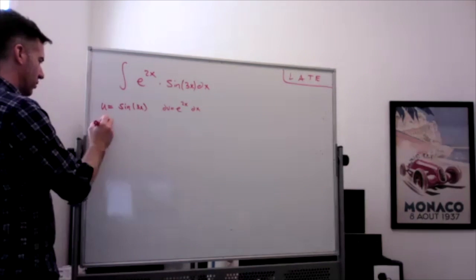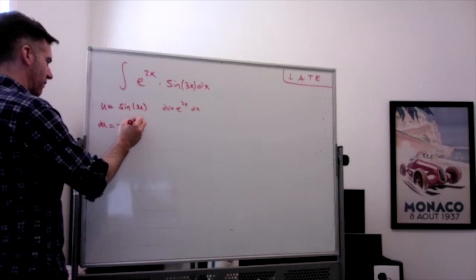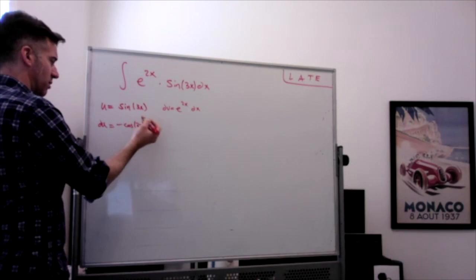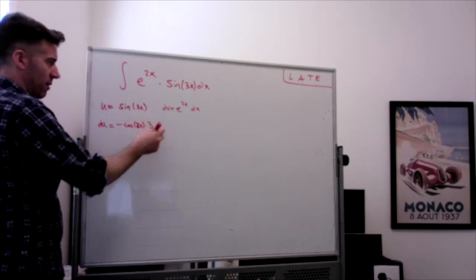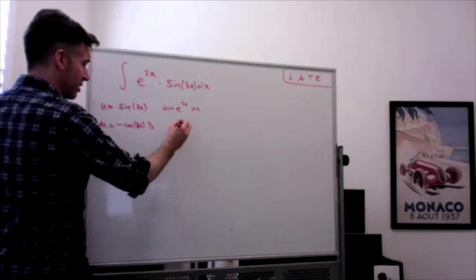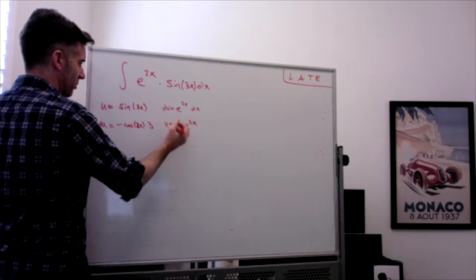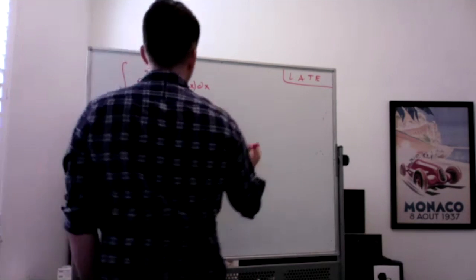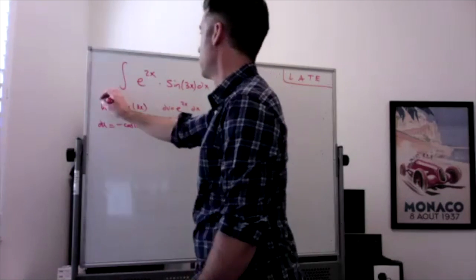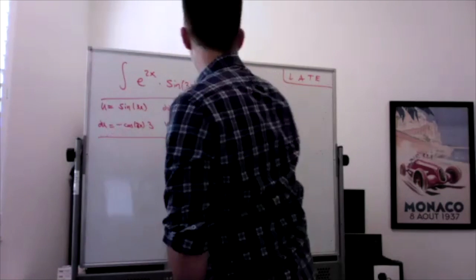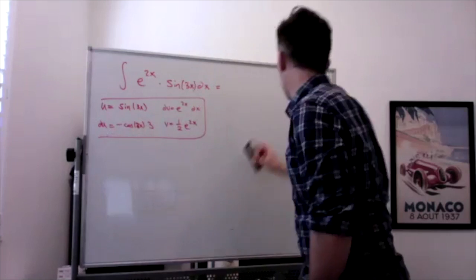My du, my derivative, is going to be negative cosine of 3x times 3. And my antiderivative, e to the 2x, is going to be e to the 2x divided by 2, or 1/2 e to the 2x. So this ends up equaling uv, and I'm going to erase this here because I want the room.